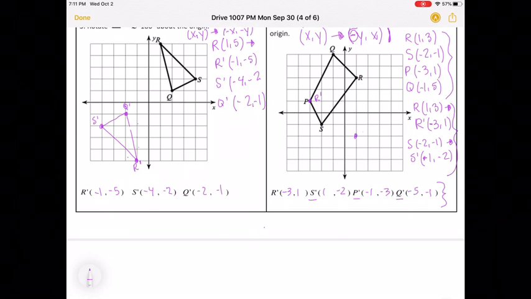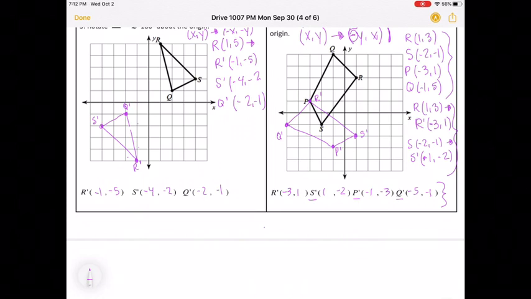Okay, S. P. And Q. Always connect them. It's hard to tell if they're congruent if they're not connected, okay? So then look and see, does that look pretty accurate? My drawing is not the best, but it is still pretty close, all right?